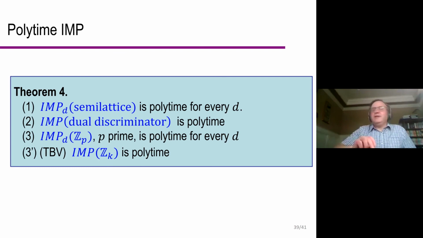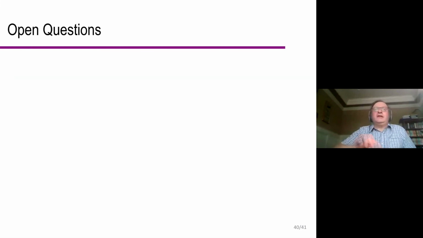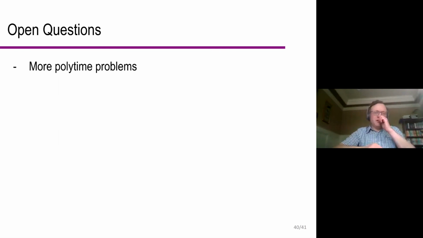Okay, that's basically it. A few open questions, which are, of course, how about more polynomial time problems? As I mentioned, things are a little bit complicated in this case because we very often need to work with those Grobner bases, and it's technically quite difficult, right? So it's not quite clear how things will develop in this way.